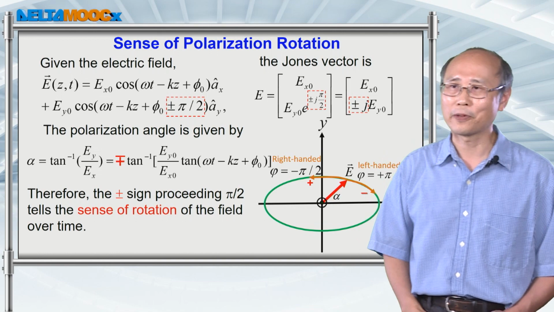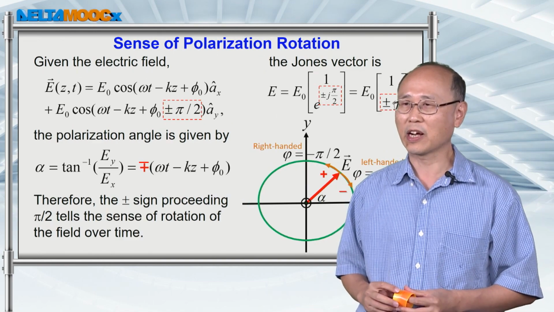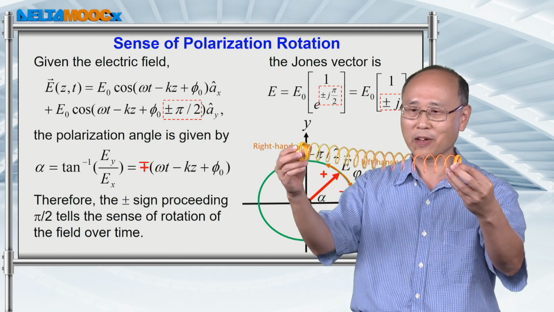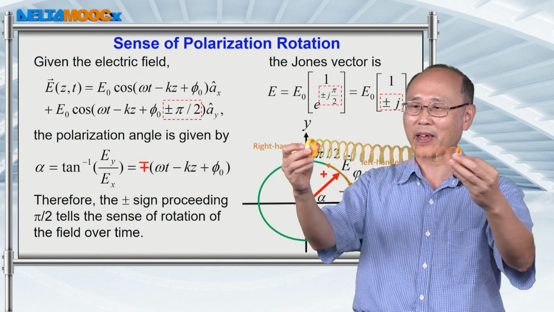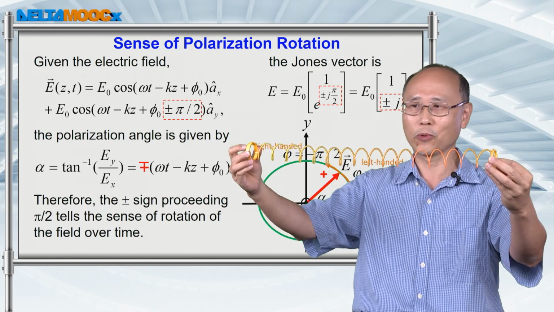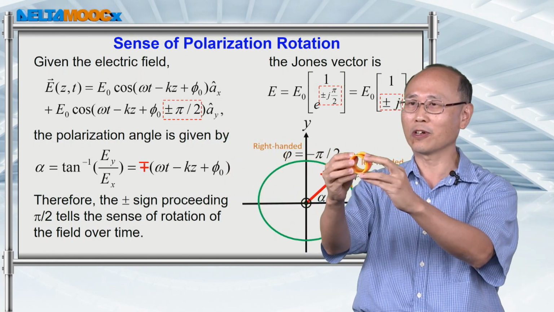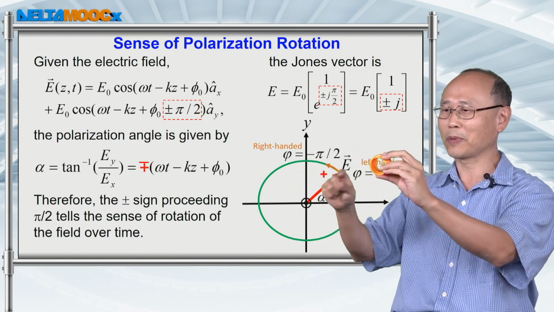Now, I want to illustrate the concept of circular polarization by using this magic spring. And if I expand this magic spring, you can see a periodical structure along with it. And imagine that the electric field of the electromagnetic wave will trace out a circle during propagation.